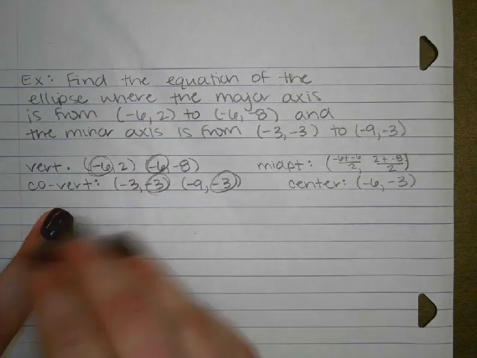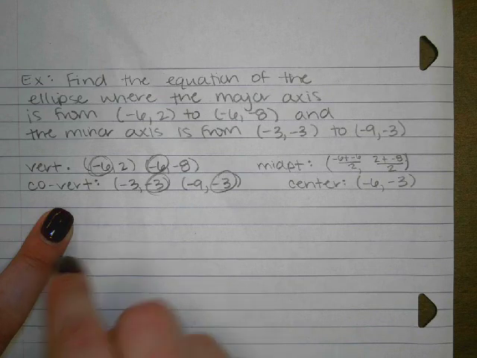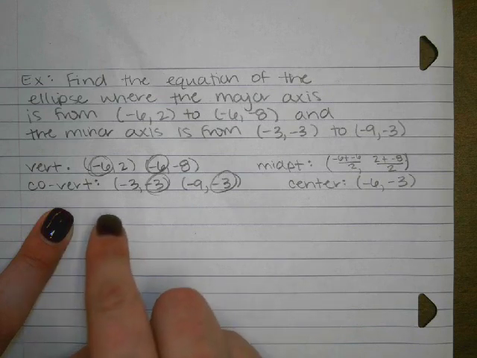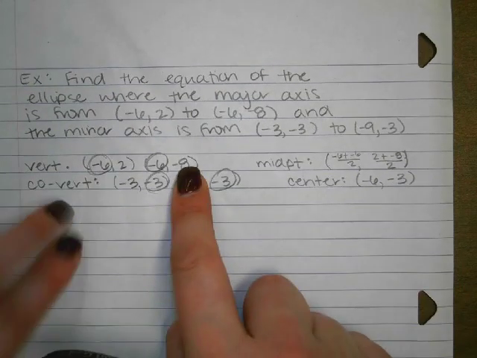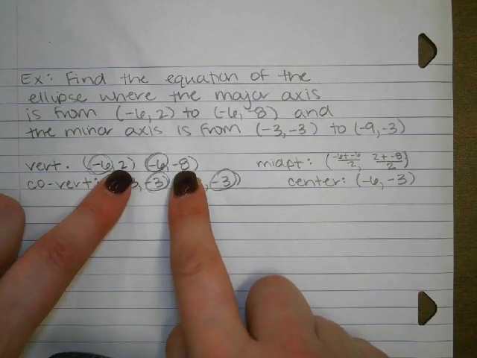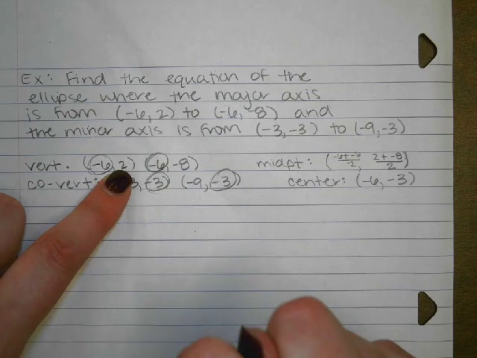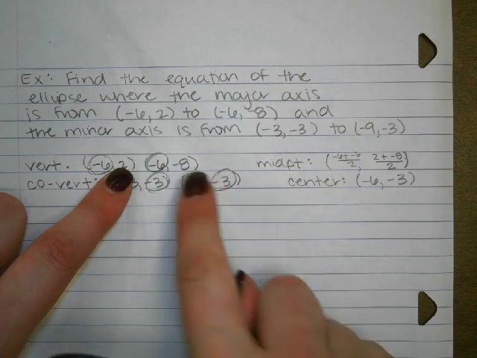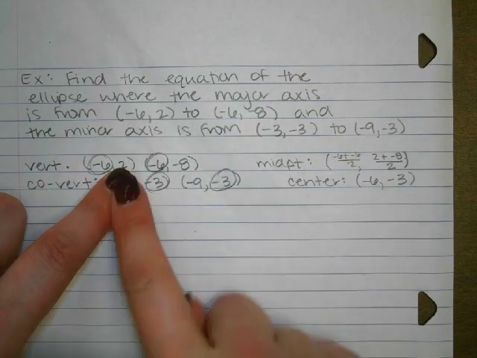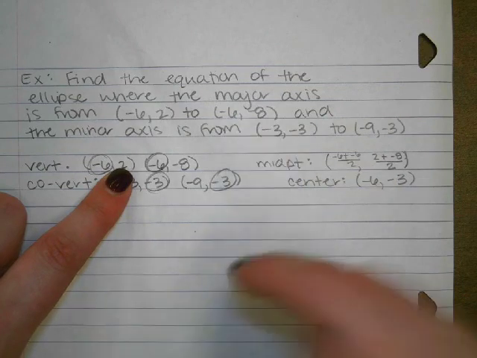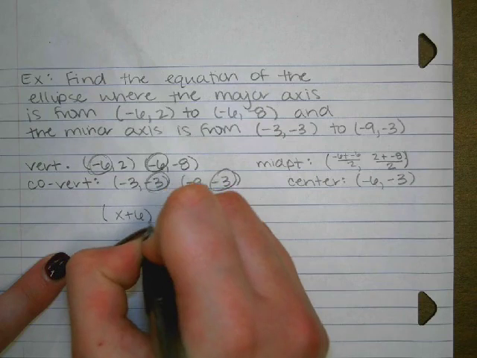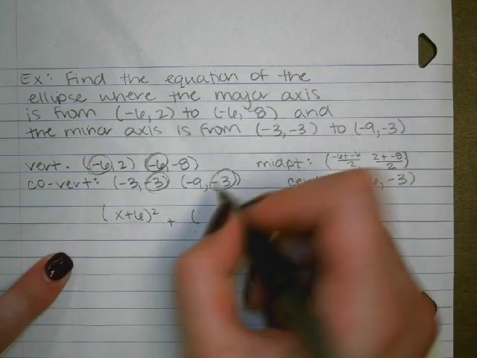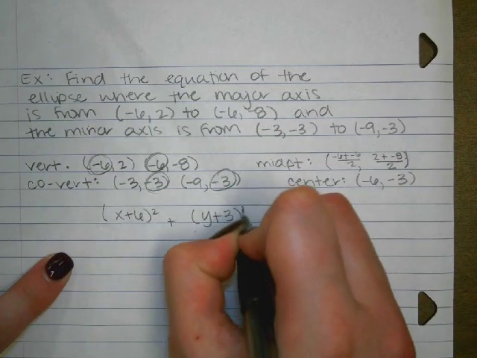So if you are having a hard time picturing what I'm saying, then pause the video right now and draw a sketch. Okay? But if the center is at -6, -3, and the vertices have different y coordinates, that means that the vertices moved up and down. So that means that whatever distance we have between the center and each vertex, that value would be the number underneath y. So I've got x plus 6 squared, y plus 3 squared.